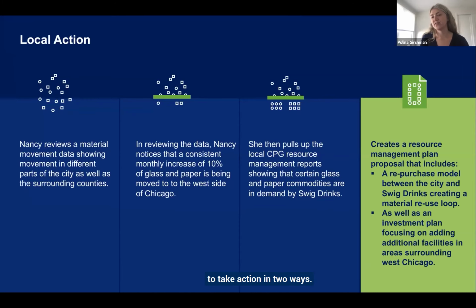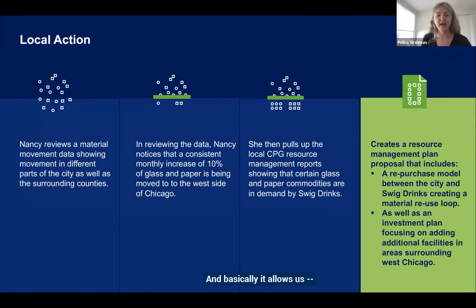And that allows her to take action in two ways. One is she's able to create a repurchase model between the city and Swig Drinks, creating a material reuse loop.